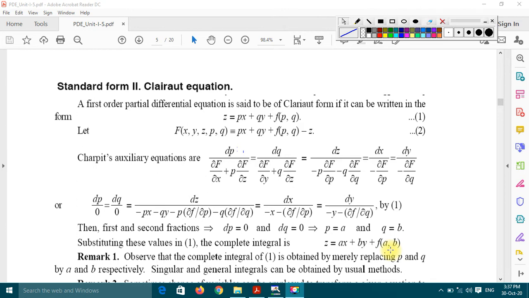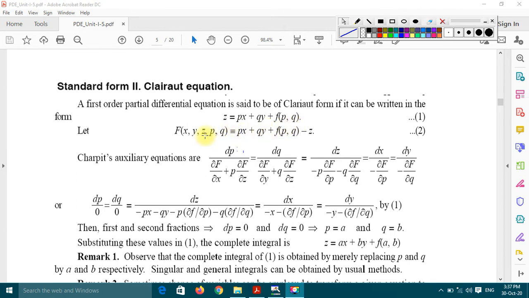As in the ordinary differential equation of order 1 but not of degree 1, Clairaut developed the solution of z is equal to px plus qy plus f(p,q) as z is equal to ax plus by plus f(a,b), which is the required solution.